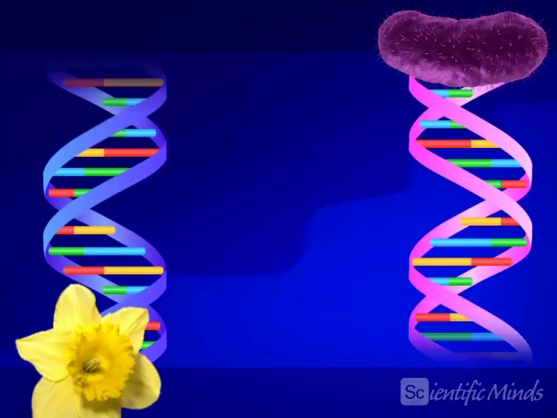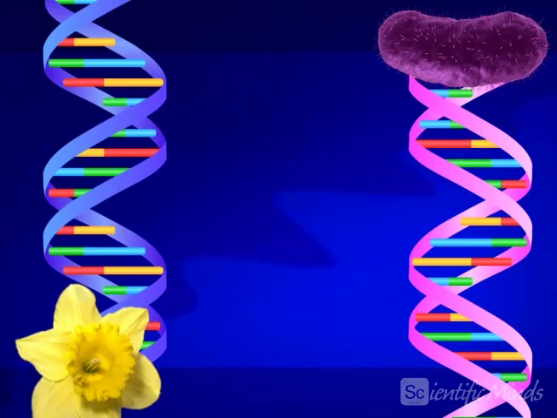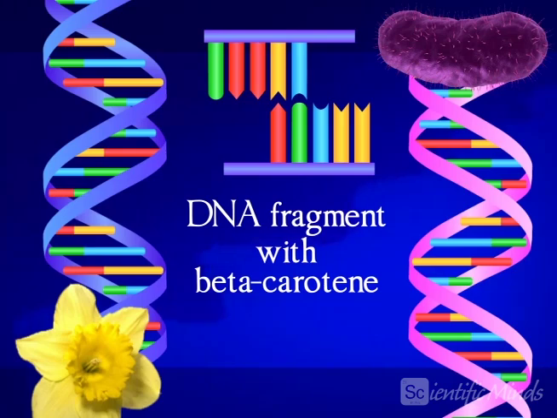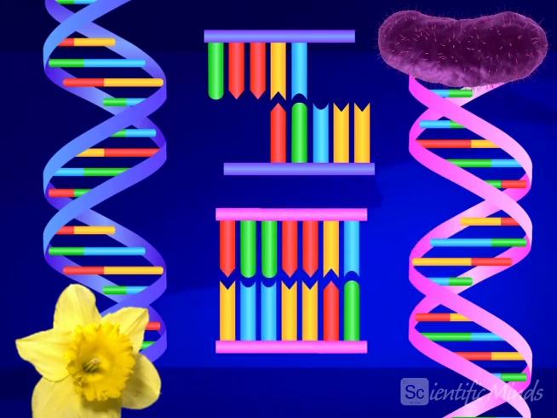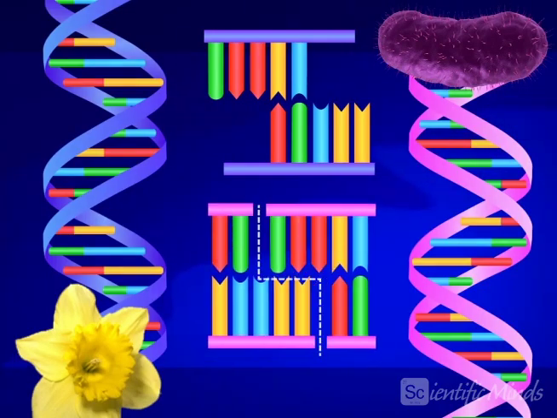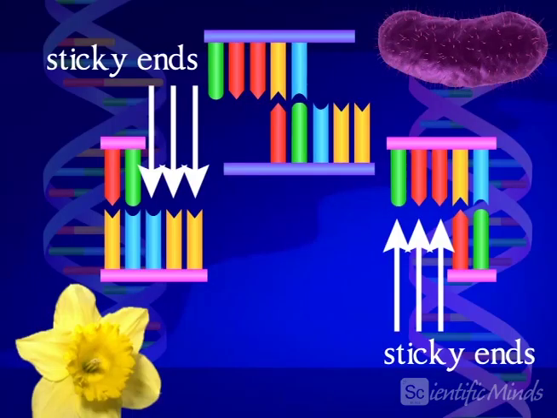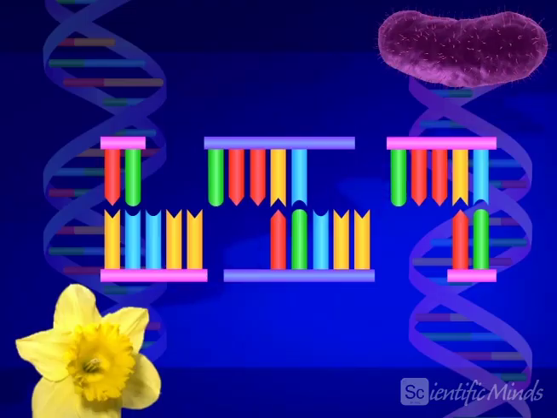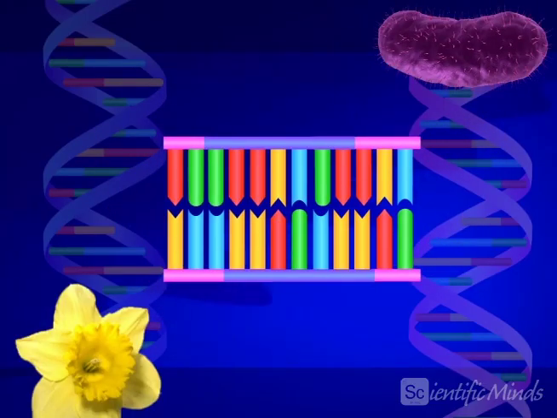Scientists first used special enzymes to cut or cleave a DNA fragment from the daffodil that codes for the production of beta-carotene. The key to recombinant DNA is that enzymes used to cut the double-stranded fragment form short, single-stranded ends, called sticky ends. When DNA from both the daffodil and the bacterium are cut with the same enzyme, their sticky ends will pair up.